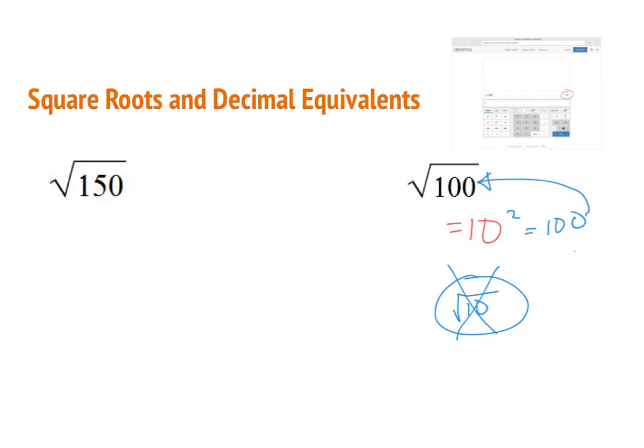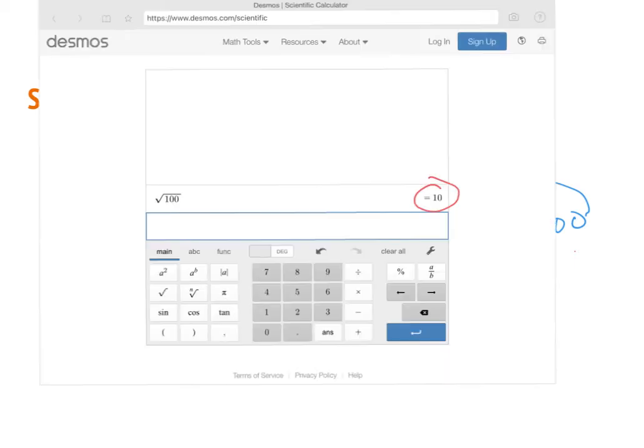Now let's check the square root of 150. Returning to my calculator, I put the square root symbol, and I would put 150. Notice that in this case, I do not get a nice whole number. I get a very large decimal. And this would be the decimal equivalent of the radical.